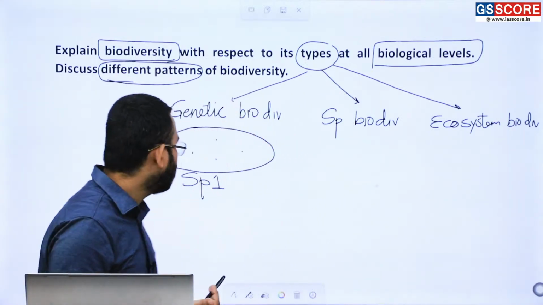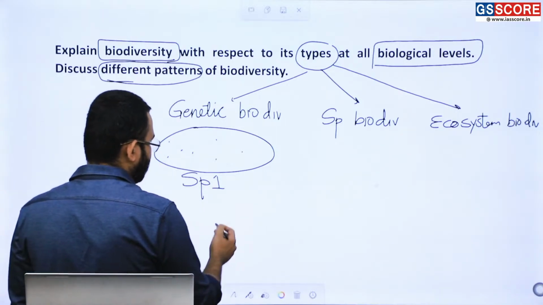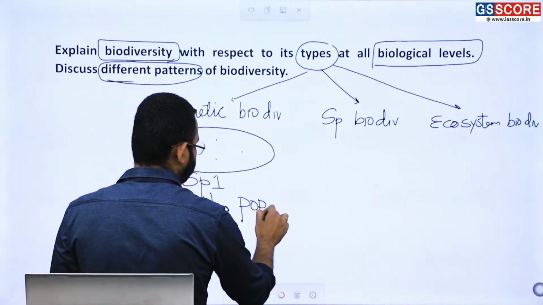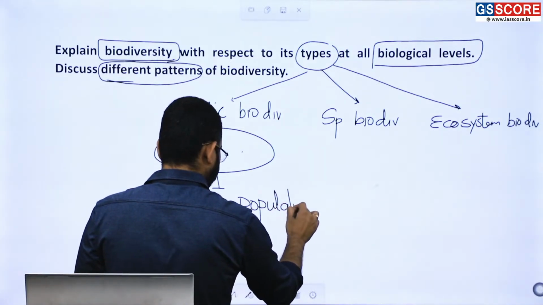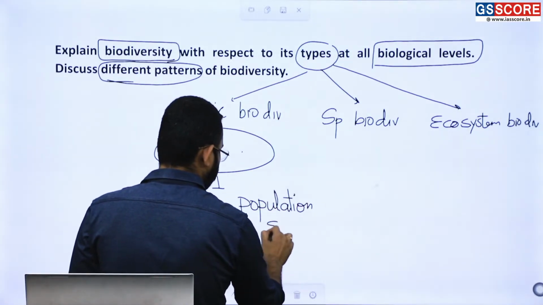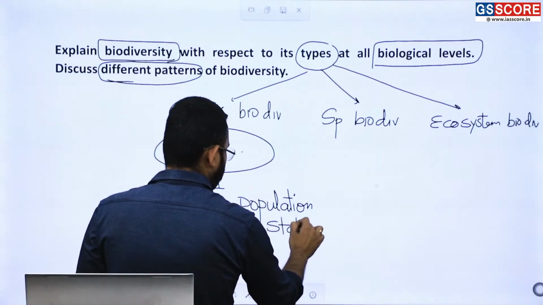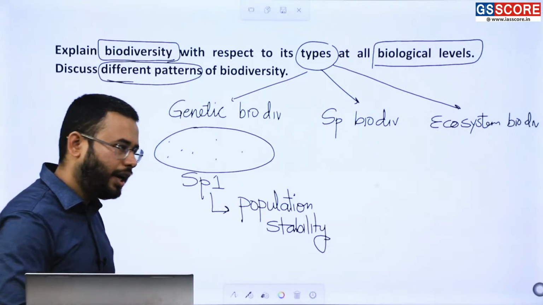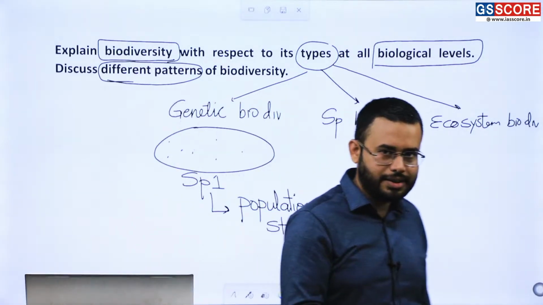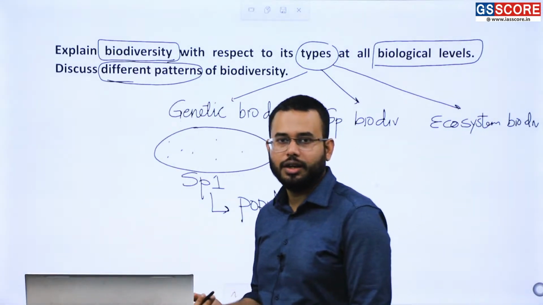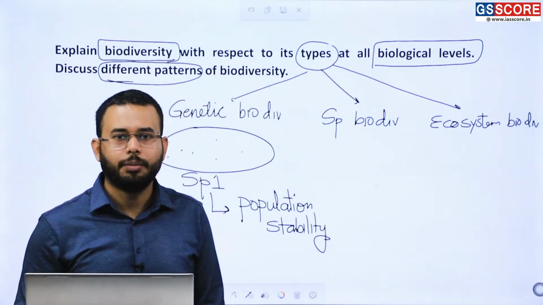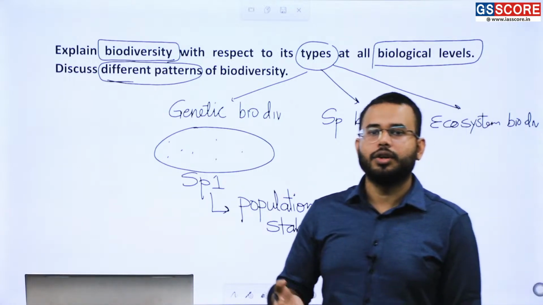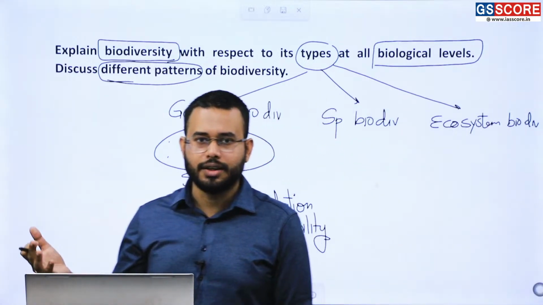Now this genetic diversity helps in the population stability, because more heterogeneous the species is according to their genetic construct, more stable the population will be, because the population is equipped to handle any kind of genetic disease or any kind of other diseases, right?